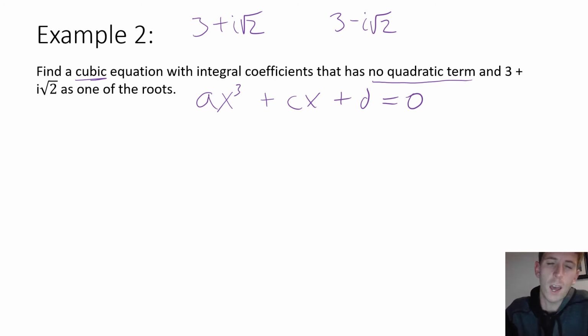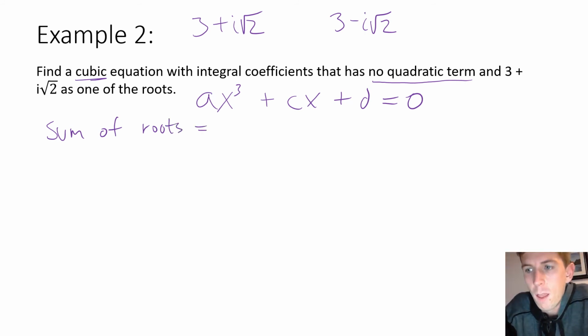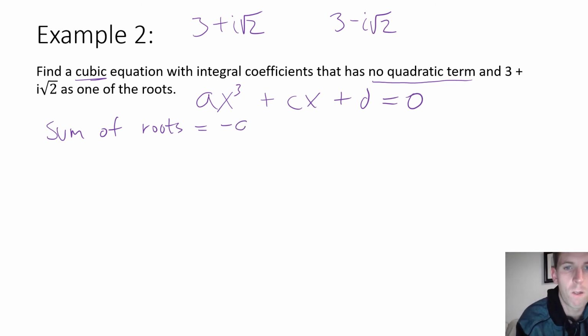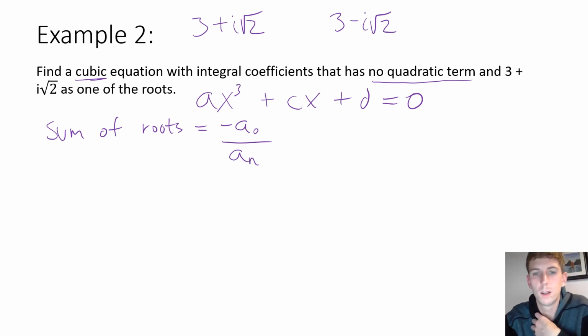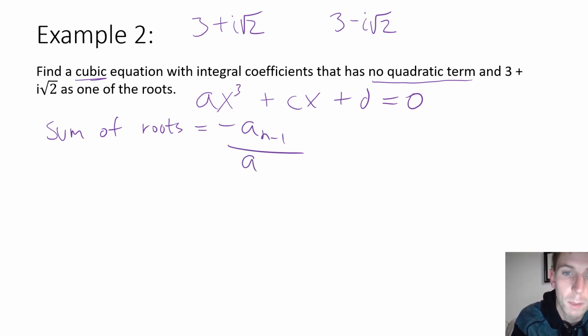If I was going to find the sum of the roots here, it's going to be our constant term divided by our leading coefficient. My bad, I wrote the equation of the product of the roots here. So the sum of the roots, of course, is negative a sub n minus 1 over a sub n.